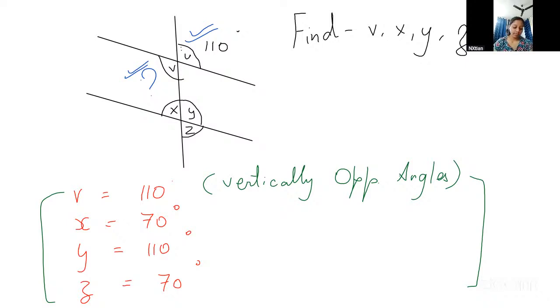Yes, ma'am. Now, V and X is 70 because of interior angles. V and X, interior angles. Okay, V and Y alternate.